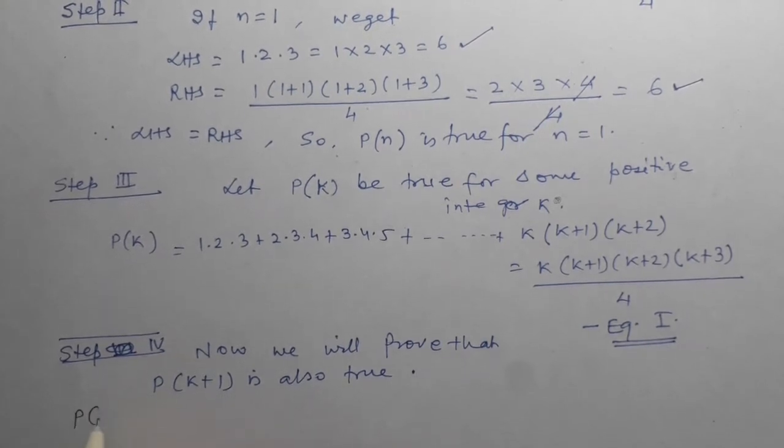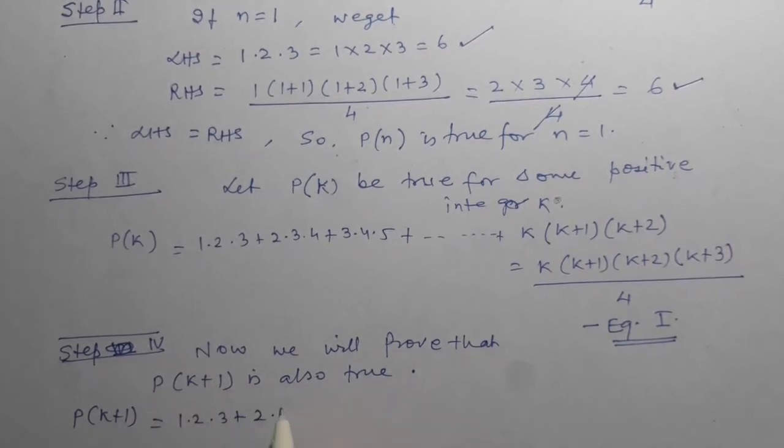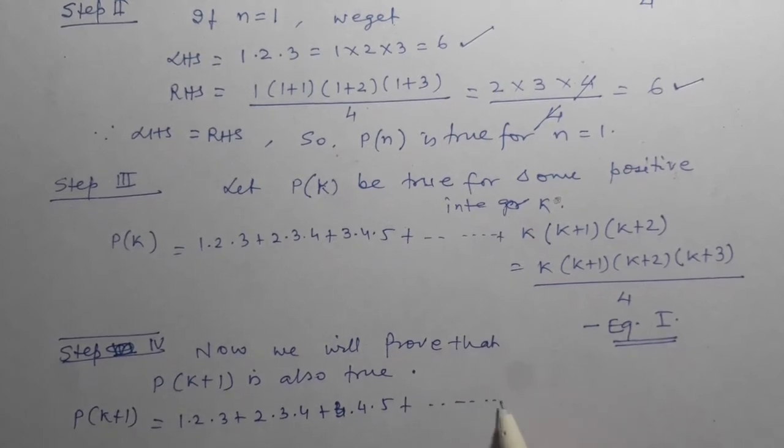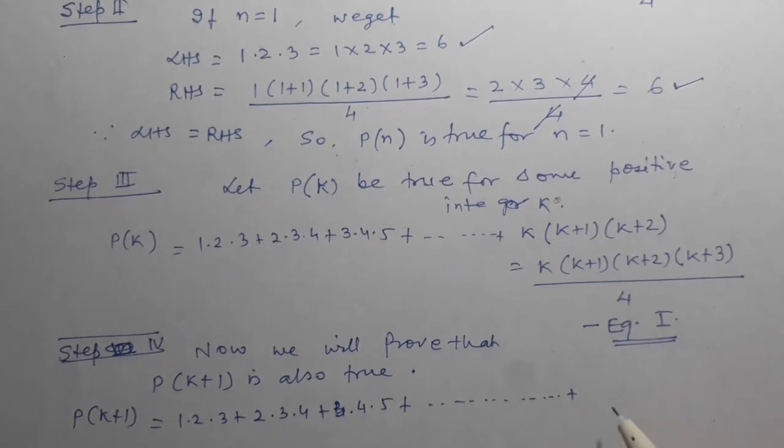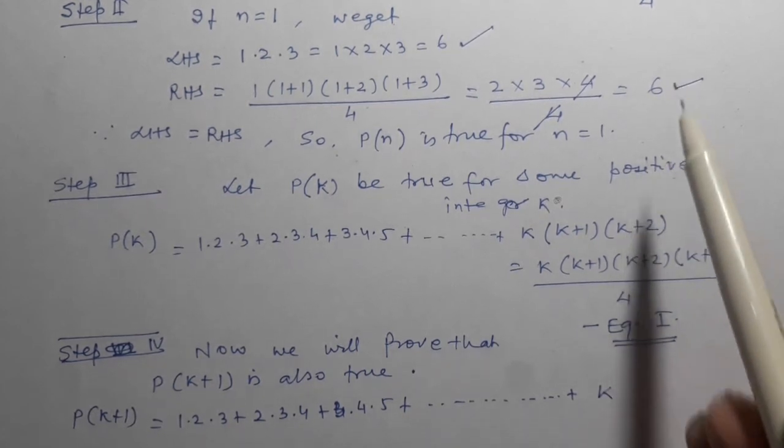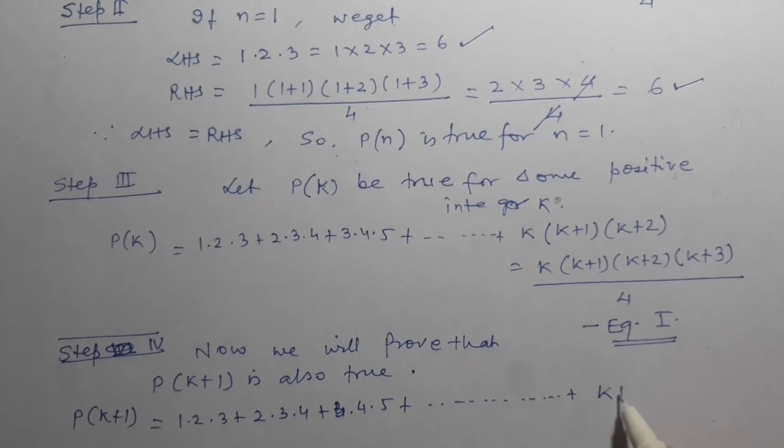So P(k+1) will be 1.2.3 plus 2.3.4 plus 3.4.5 plus so on, plus now it will be k, k plus 1, k plus 1 plus 1 into k plus 1 plus 2.